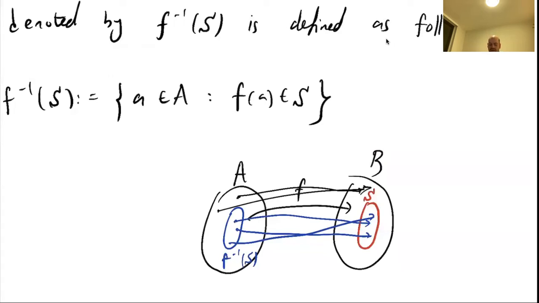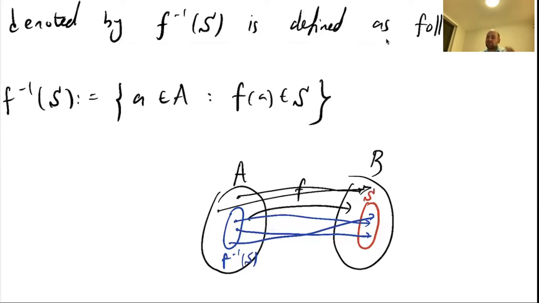So if I want to find f inverse of a set, I have to look at the domain and look at which inputs are going to be mapped inside S. The set of all such elements is going to be called f inverse of a set. So please note here, we are defining f inverse of a set.